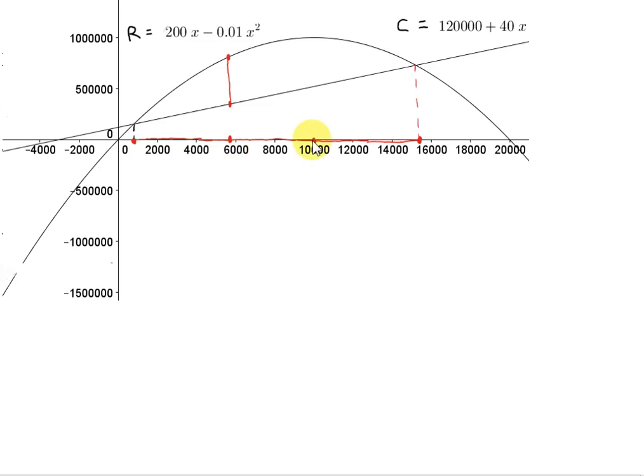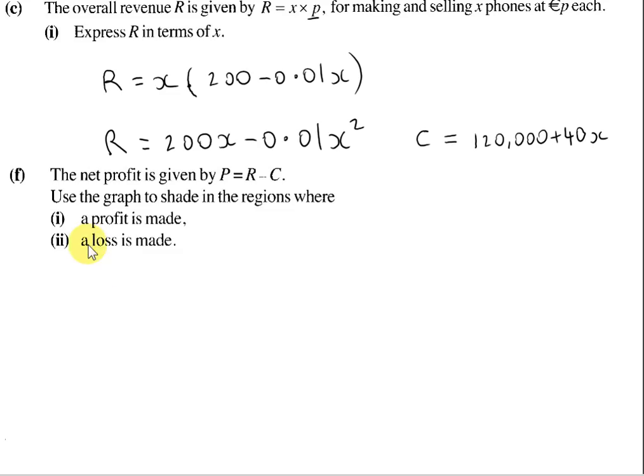Similarly, if we take, say, a value of x that's 10,000, then the revenue is obviously greater than the cost, and the profit is got by subtracting. Take R and subtract C. So for this part here, we could shade in this region, but this would be like the profit for all these values of x. Next, we want to shade in the regions where a loss is made.